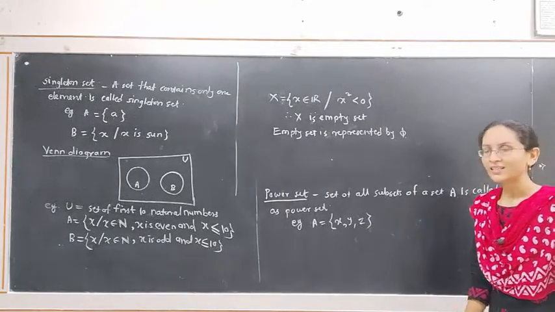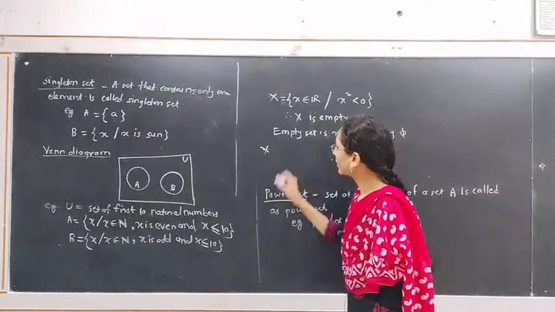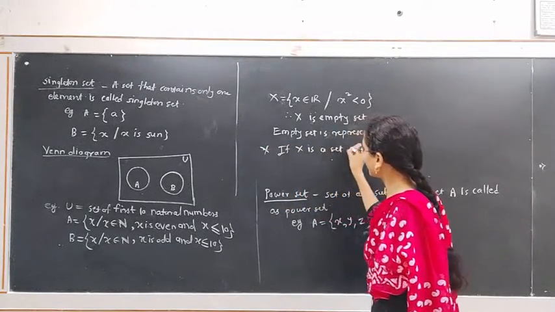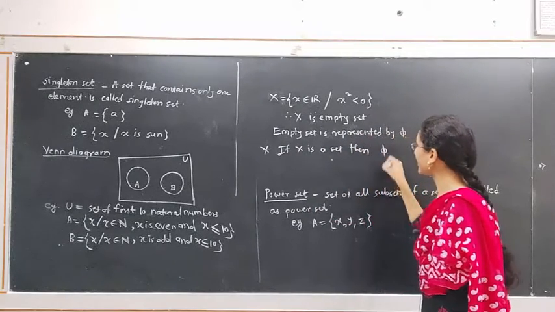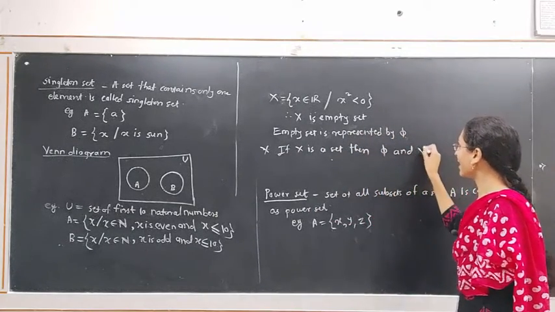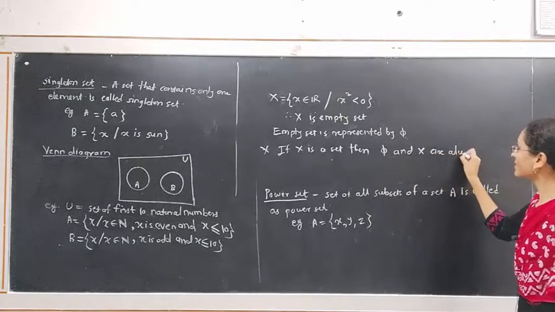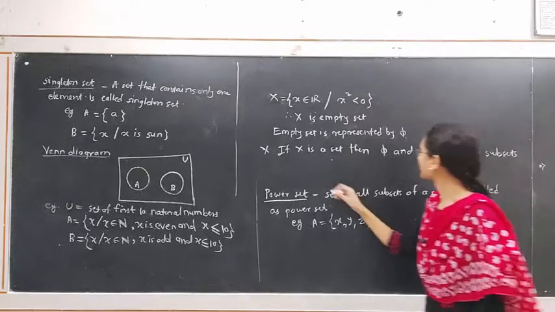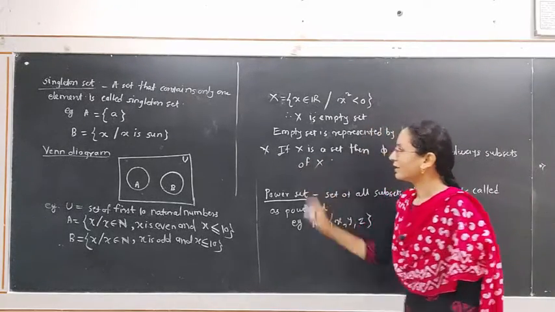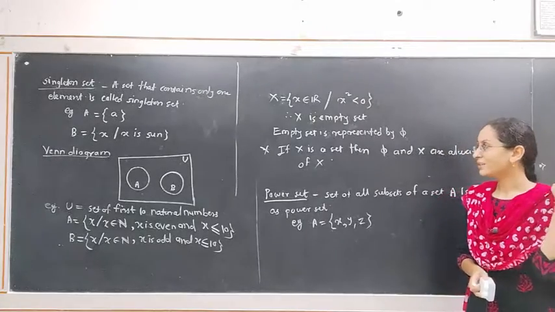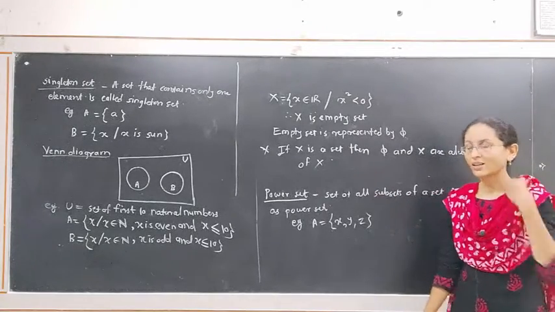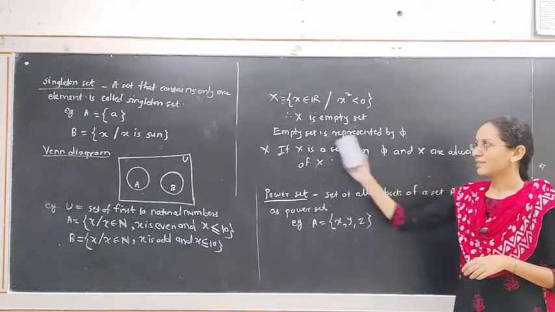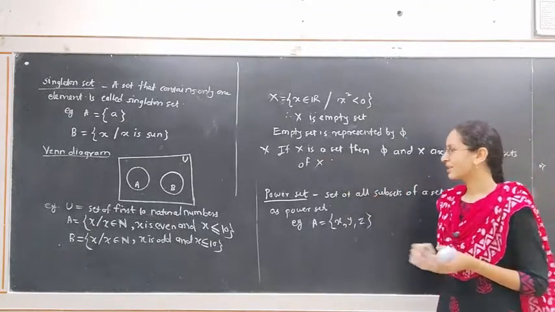In fact, note that if X is a set, then the empty set phi and X are always subsets of set X. If X is any set, there are always two possible subsets of X given by phi and X. The set itself is a subset of set X.